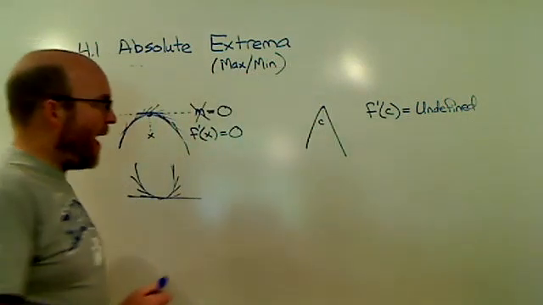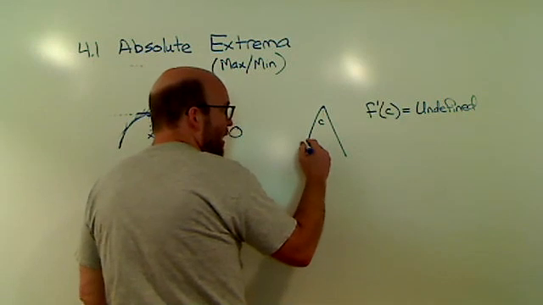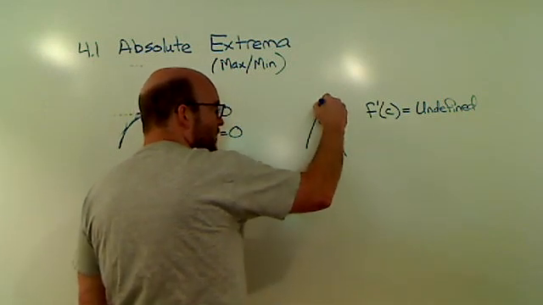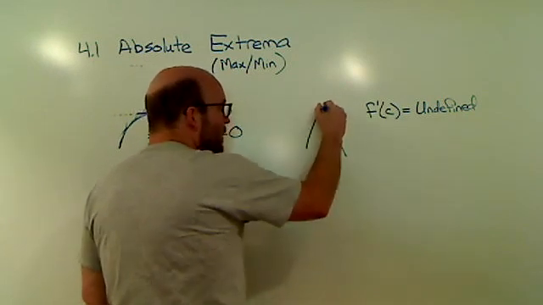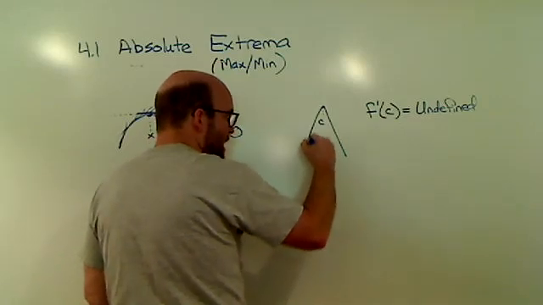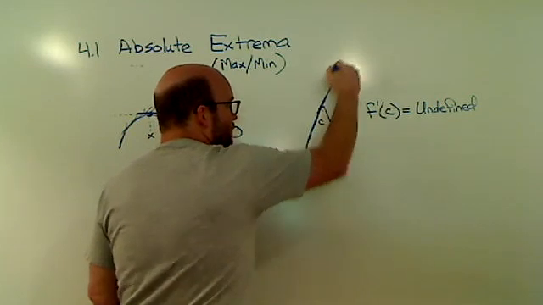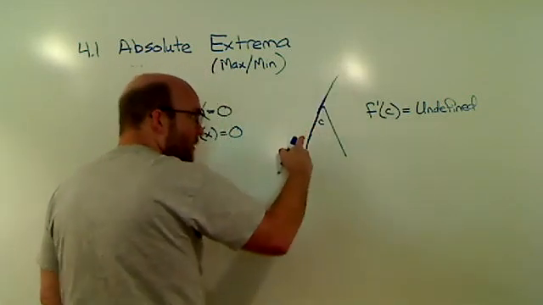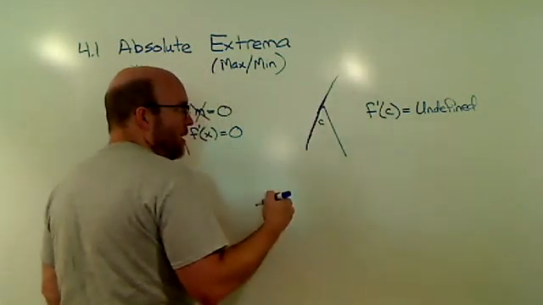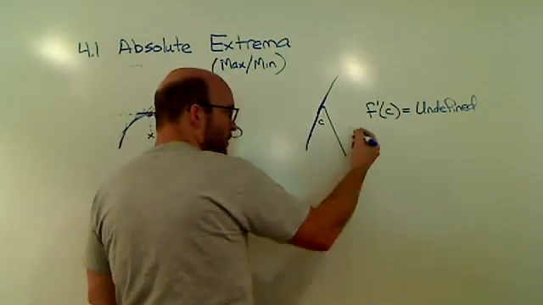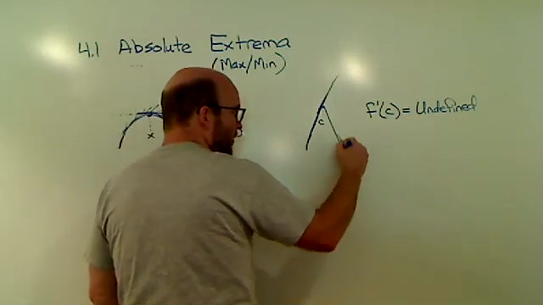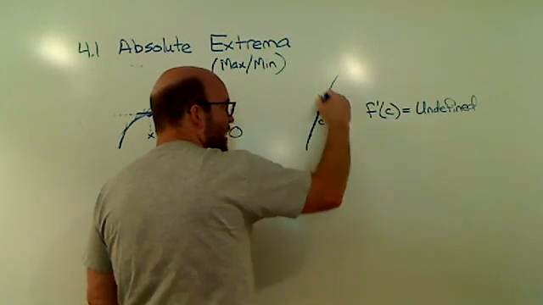The reason for that is that if I look at the tangent line at C coming from the left-hand side, this is already linear. So the tangent line is just the line itself. And as I approach the value of C, the tangent line is going to be going upward from left to right. If I try to approach from the other direction, the same thing is going on. The tangent line is the same thing as the line itself.